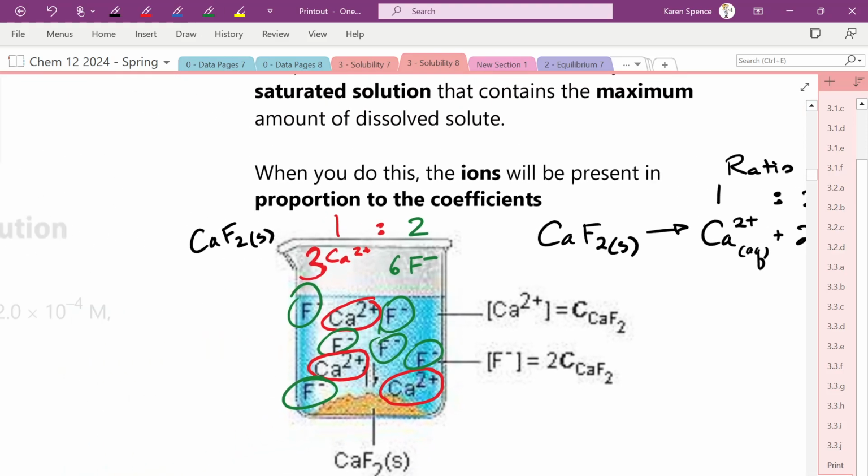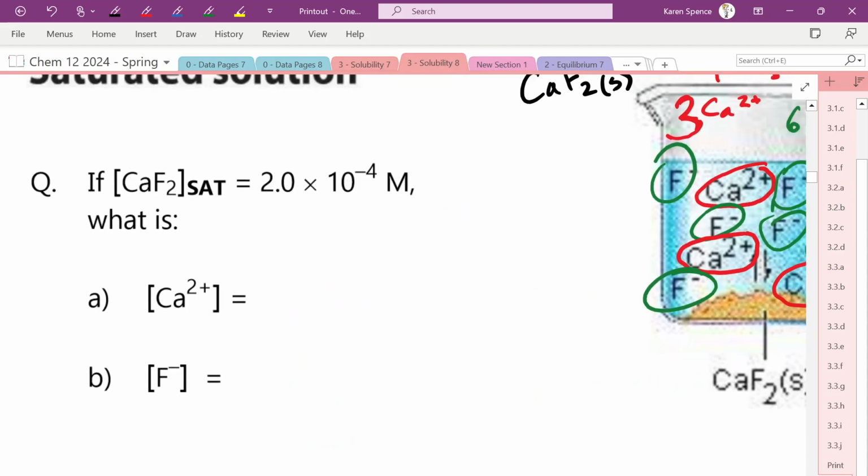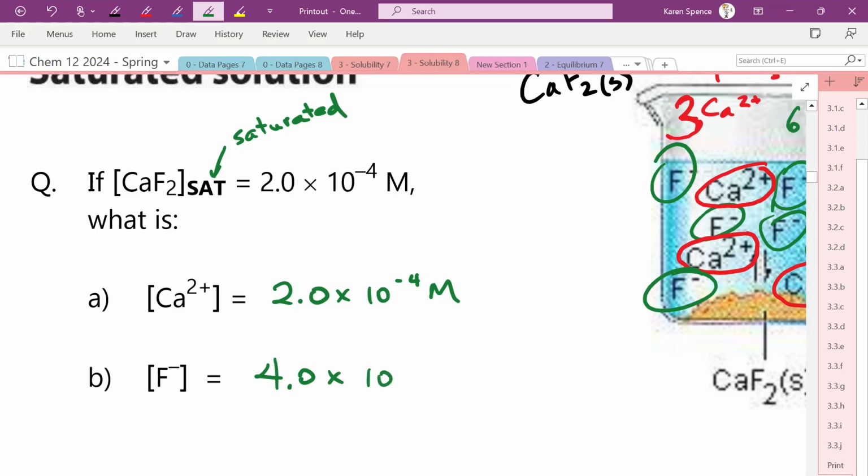So over here, if CaF2 sat, that means saturated, is 2.0 times 10 to the minus 4, what is the concentration of calcium? Same thing, 2.0 times 10 to the minus 4 molar, and fluoride is 4.0 times 10 to the minus 4 molar.